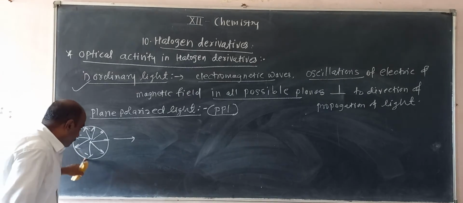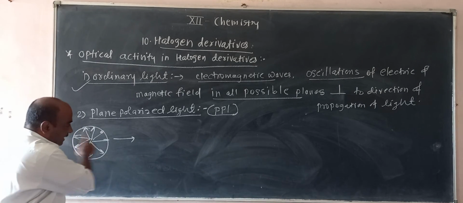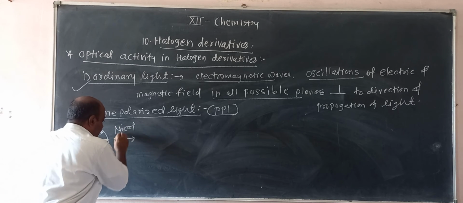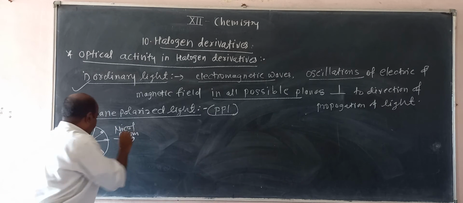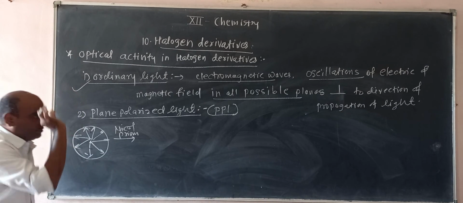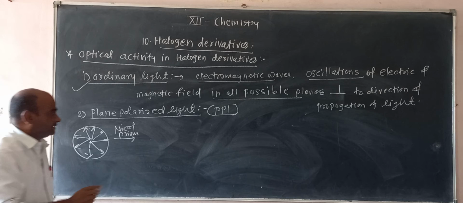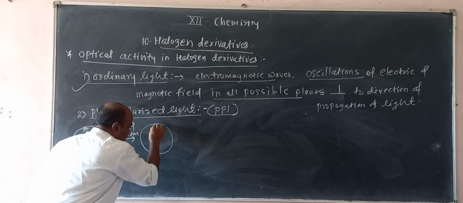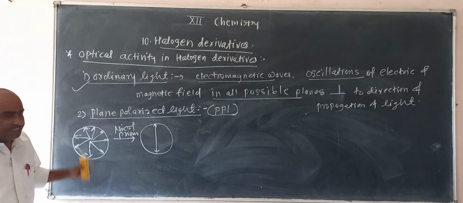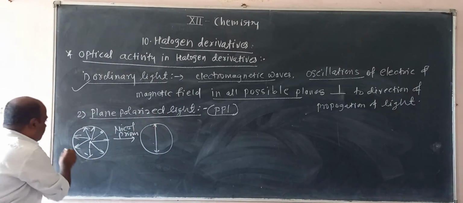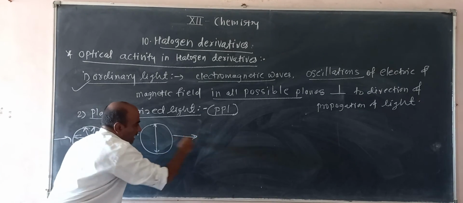When the source of ordinary light is passed through a Nicol prism, the light oscillates or vibrates in only one plane, perpendicular to the direction of propagation of the light.